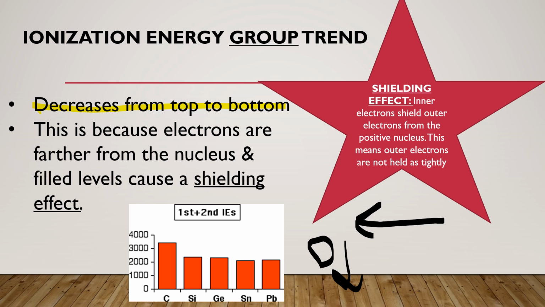And that's because the electrons are farther from the nucleus and filled energy levels cause a shielding effect. And we'll talk about that in a second, and what that looks like. But you should know the definition for shielding effect as well. It's over here on the star. That means that the inner electrons shield the outer electrons from the positive nucleus. This means outer electrons are not held as tightly.